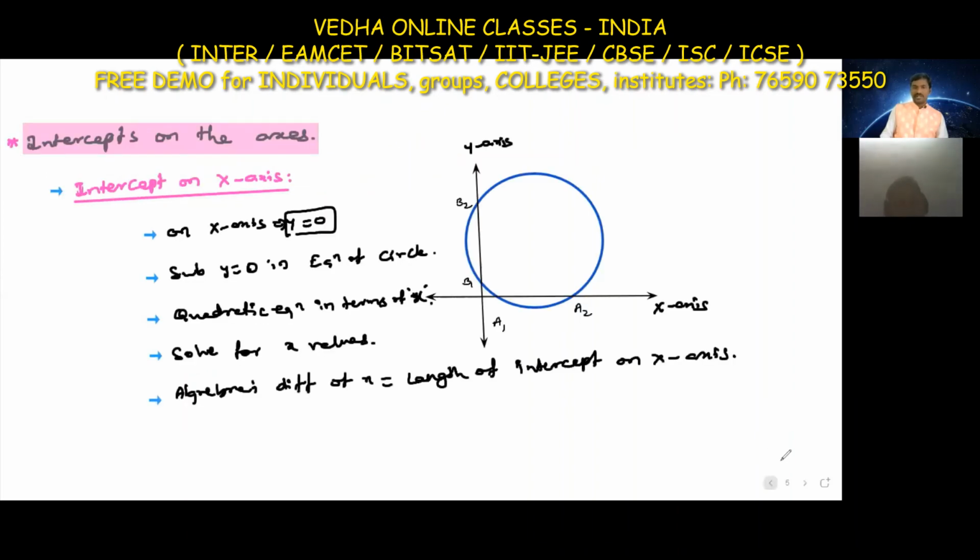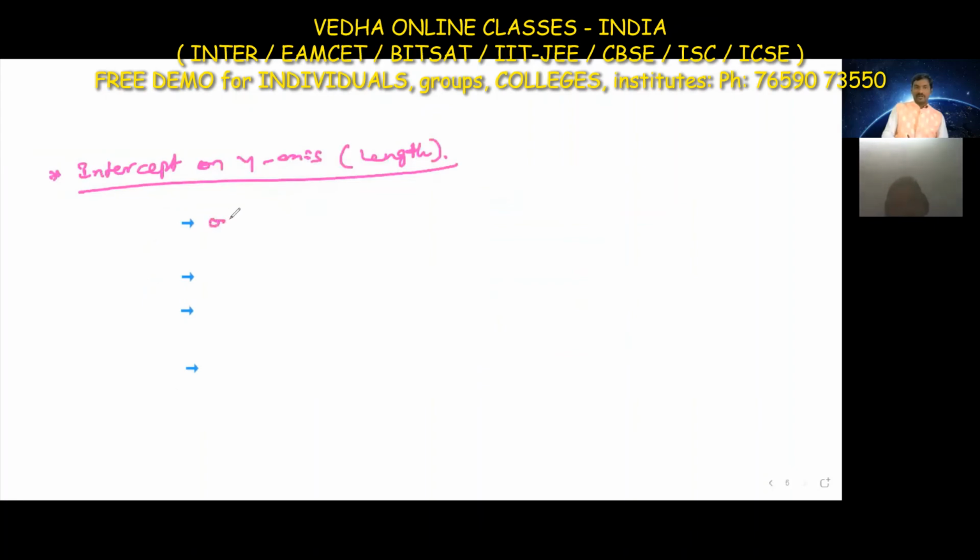The question is related to the y-axis, and on the y-axis the x coordinate is 0. So the coordinate of x is equal to 0 on the y-axis.